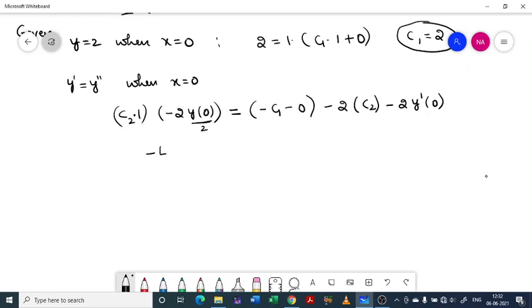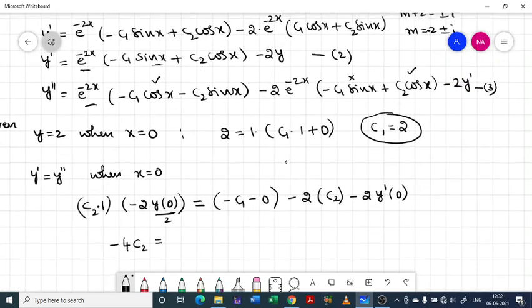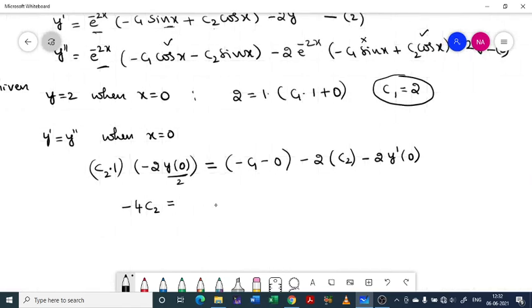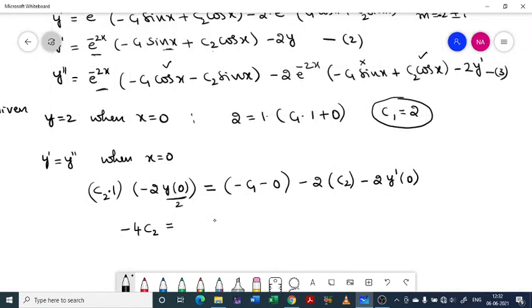So minus 4c2. This is the mistake we made, I think.